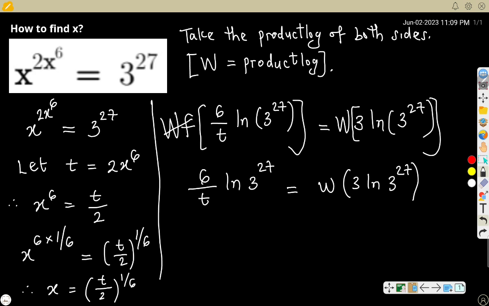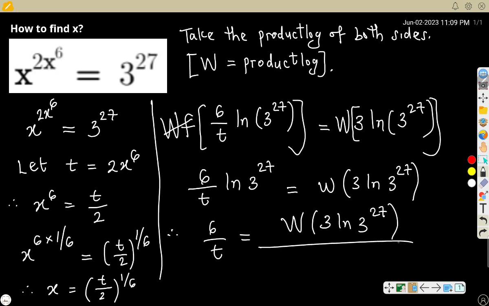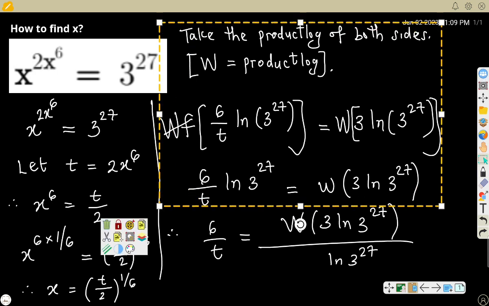So this can become 6 over T equals W, capital W 3 ln 3 raised to power 27, divided by ln 3 raised to power 27. So we are dividing both sides by ln 3 raised to power 27. So I have 6 over T left. So what is T? Find T.